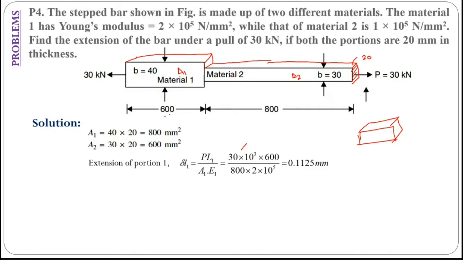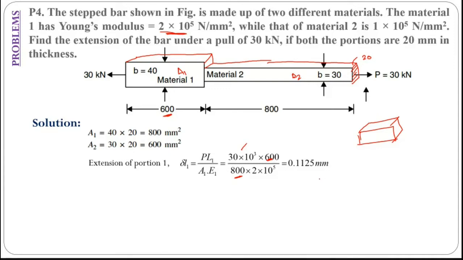L is 600 in this case, and area is 800, which we already identified. Young's modulus for material 1 is 2 into 10 power 5. Substitute it, and you will get around 0.1125 mm. So this is my del L1.